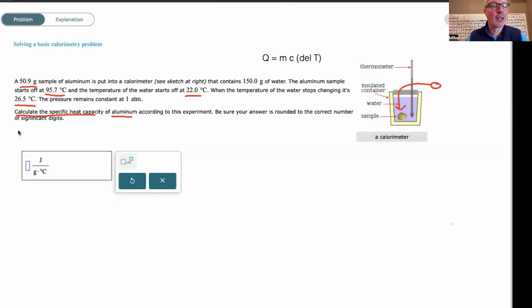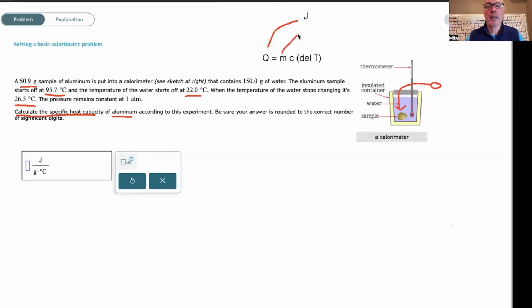If the desired result is Q in joules, then what are the units of everything? The other side of the equal sign also has to have the units joules.